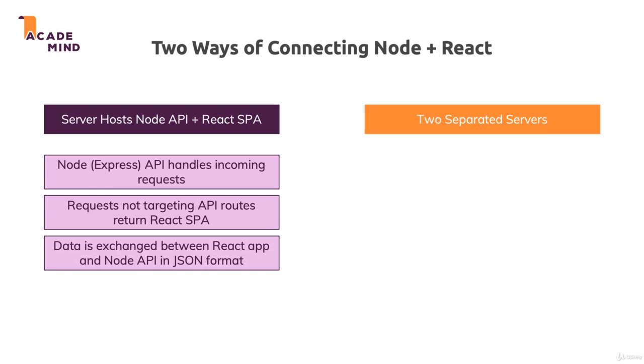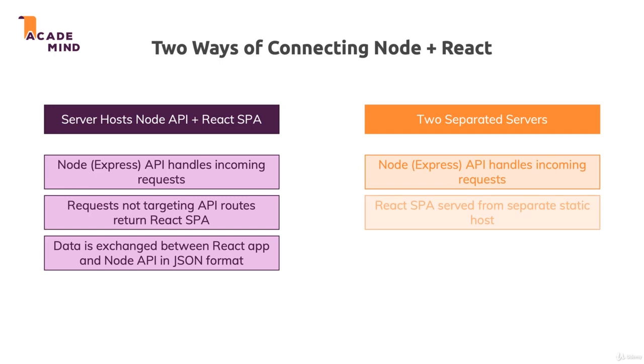If we have the two separated servers, then we really have two different machines. One which has our Node Express API on it, and one which is served from that very simple so-called static host. Static because it will be a server which doesn't need to execute any server-side code, because it is a server that doesn't run any Node or any other programming language application on it.